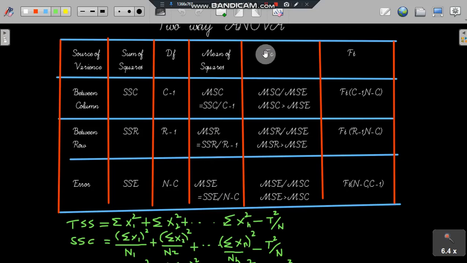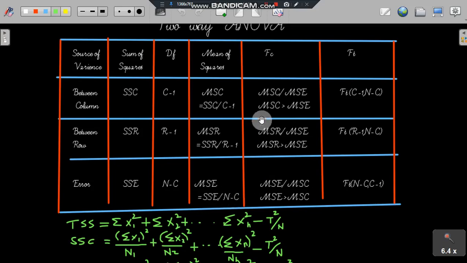The next column is to find out FC. I already told you that we have to take MSC and MSE. There are two possibilities: this value may be greater, or this value may be lesser.